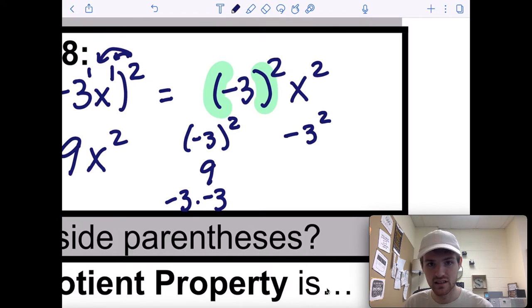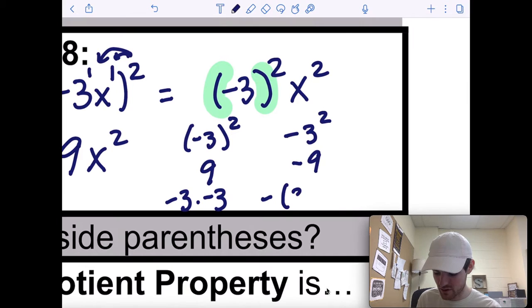When you do that, your answer is actually negative 9, because it's taking 3 times 3 and then making whatever that answer is negative.